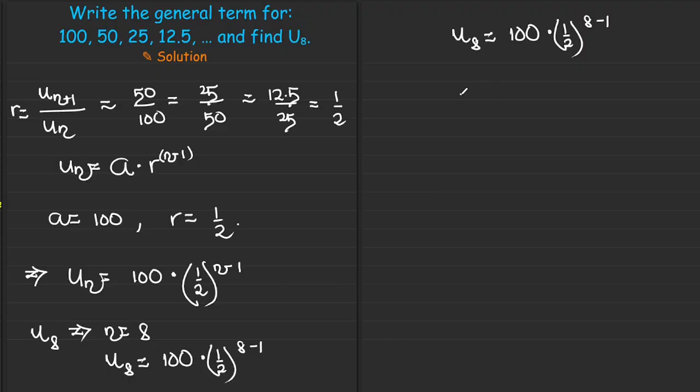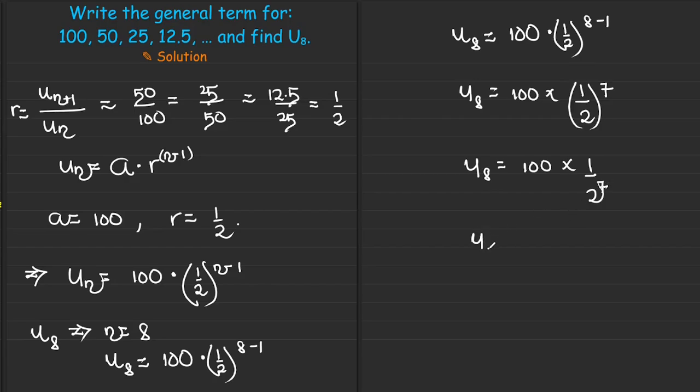So simplifying further, we are going to get our eighth term being 100 times 1 over 2 all to the power 7. Applying a little bit of indices here, our eighth term is just 100 times 1 all over 2 raised to the power 7. At this point, applying fraction, we have 100 times 1, which gives us 100, all over 2 to the power 7.